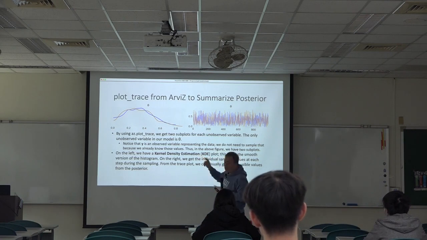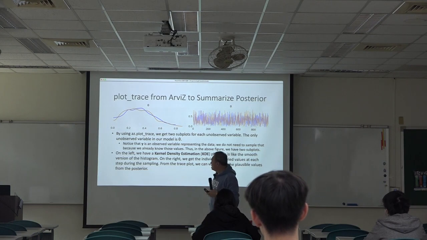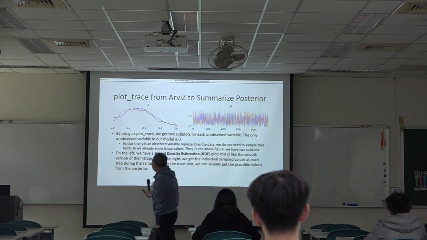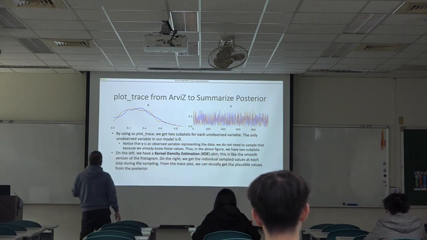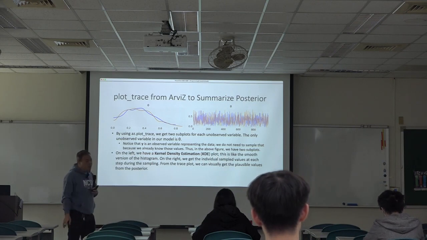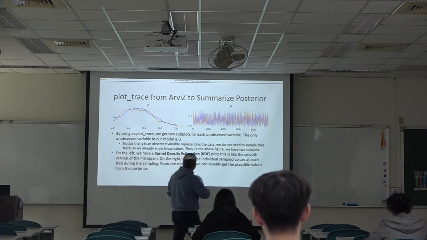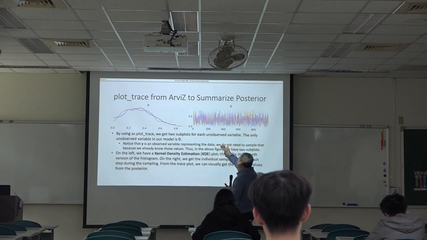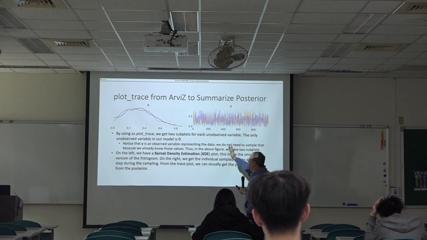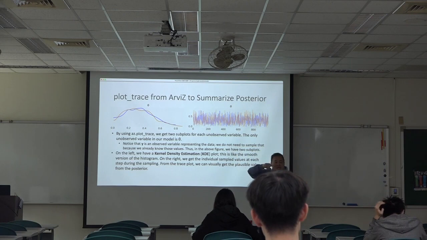Obviously, because we have two chains, you can see there are two lines, one blue line and one orange line, and the same on the right hand side. On the right hand side, the x-axis represents the number of samples, and the y-axis represents the value of theta.